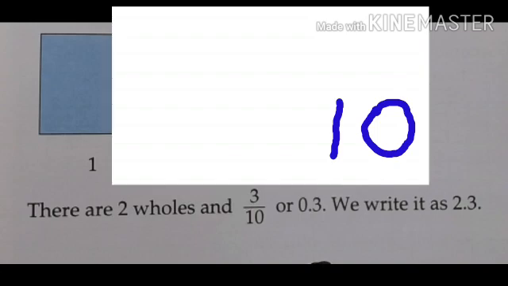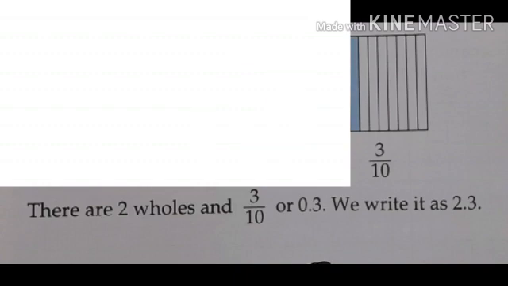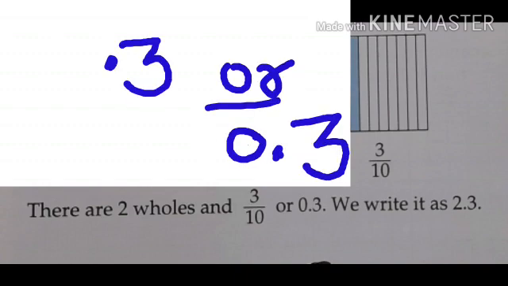In denominator 10, there is 1 zero. It means we can put decimal before 1 digit, that is before 3. So, we can write it as 0.3.